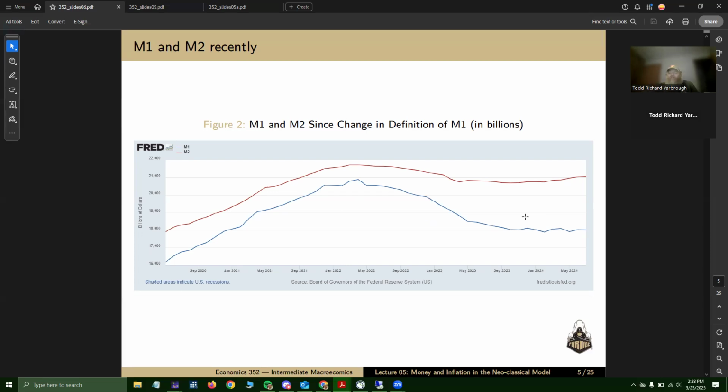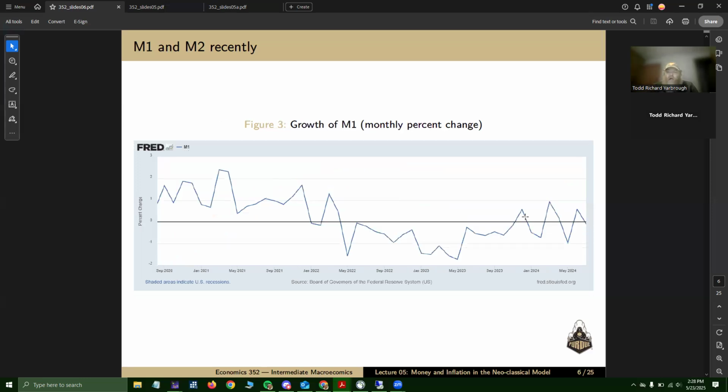And so I think the simplest way to think about monetary policy is to first think about it in terms of the money supply, and then just remember that expansionary monetary policy means the money supply goes up, and contractionary monetary policy means the money supply goes down. And in a moment, we'll tie that back to interest rate policy. So you can see here, during COVID, during the immediate couple of years after COVID, we had pretty sizable growth in M1 money supply.